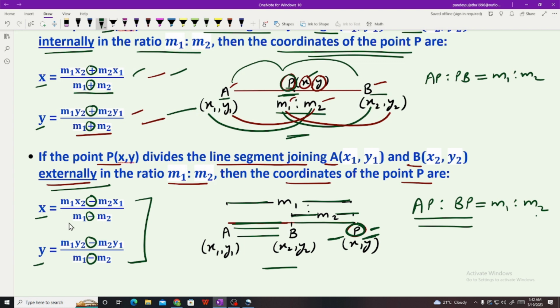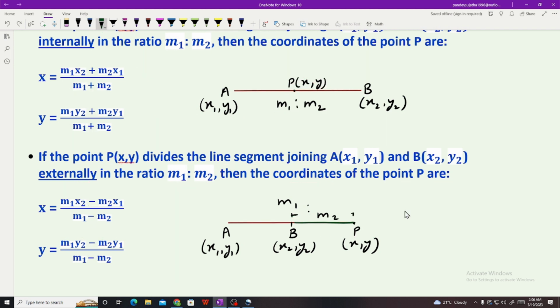That is m1 into x2 minus m2 into x1 upon m1 minus m2. That is the x coordinate. To find the y coordinate, the formula will be m1 into y2 minus m2 into y1 upon m1 minus m2.